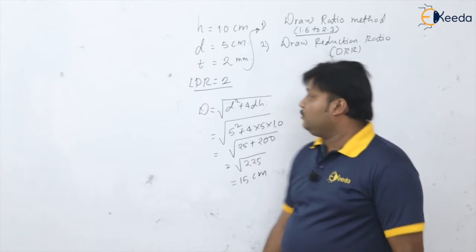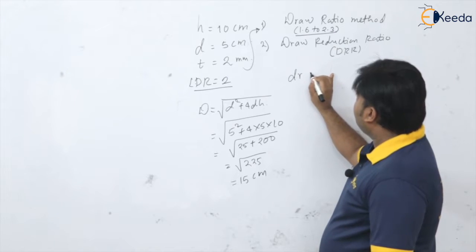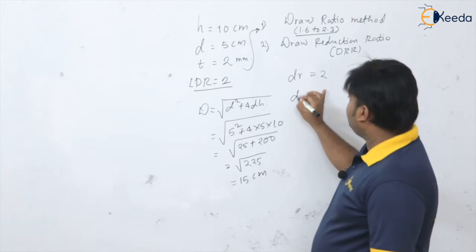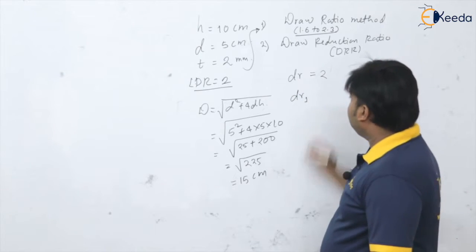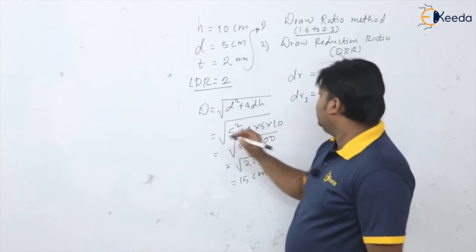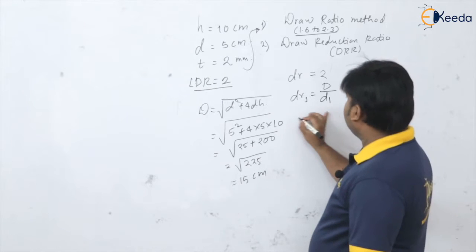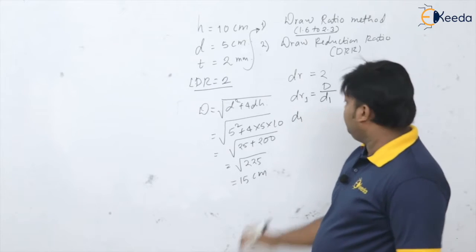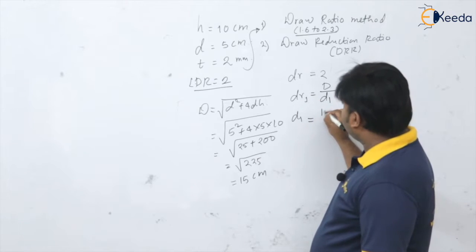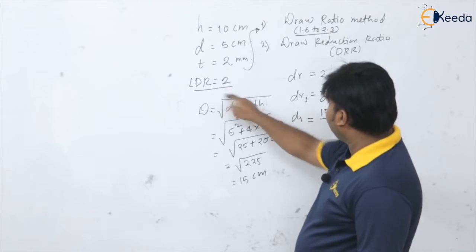So the blank diameter you got is 15 centimeter, and the draw ratio you are assuming is 2. So what is the draw ratio for one pass? For the first pass, the diameter before drawing is the blank size, and after drawing you are going to get d1. So let us see which diameter we get in the first draw. D divided by d1 is 15 divided by d1, and the draw ratio we took is 2.